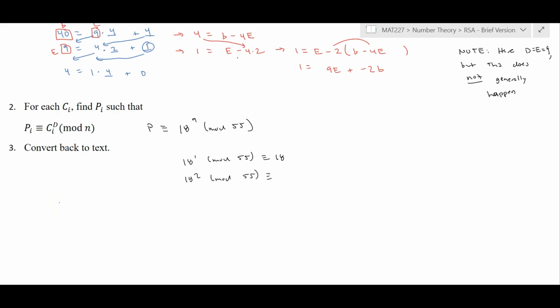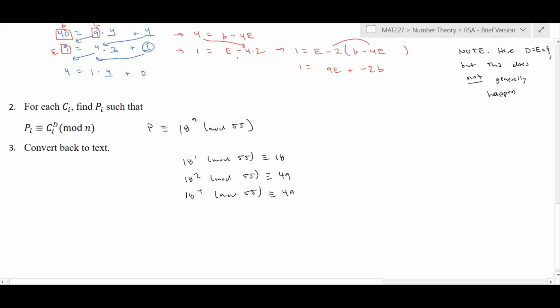So if I do 18 squared, I get 324. 55 goes into that 5 times. 324 minus 5 times 55 comes out to 49. All right, 2 more steps. 18 to the 4th mod 55 is now congruent to the remainder of 18 squared mod 55, which is 49.